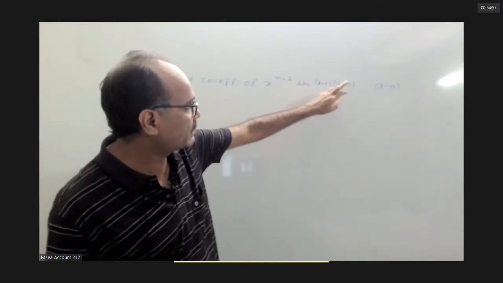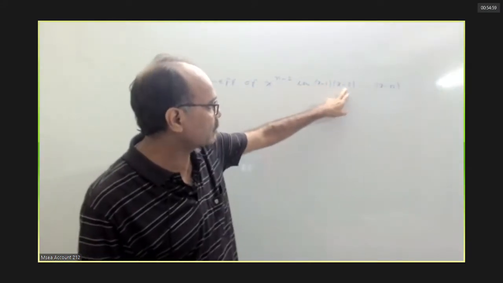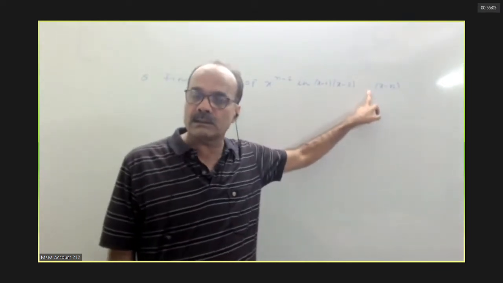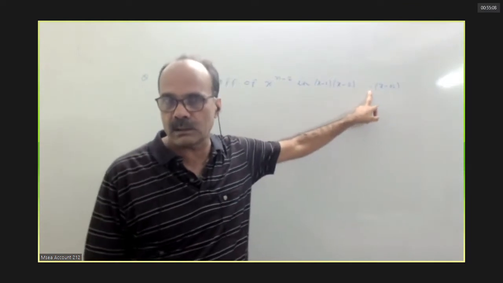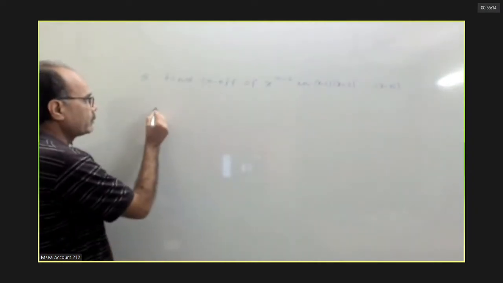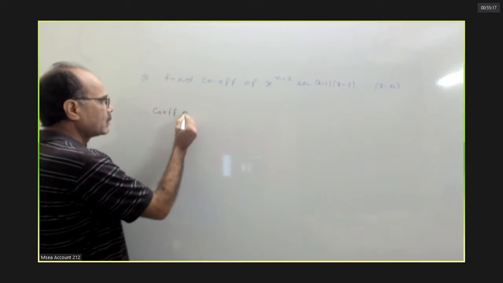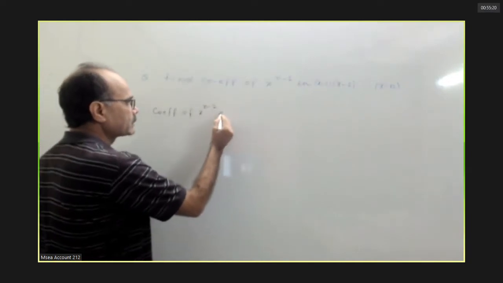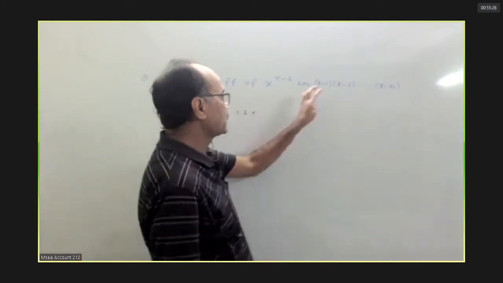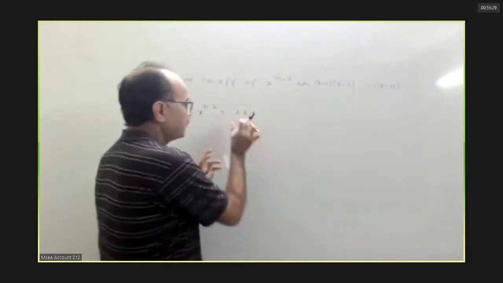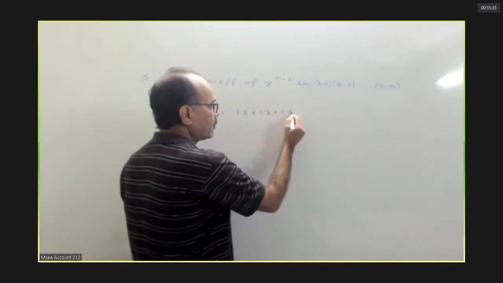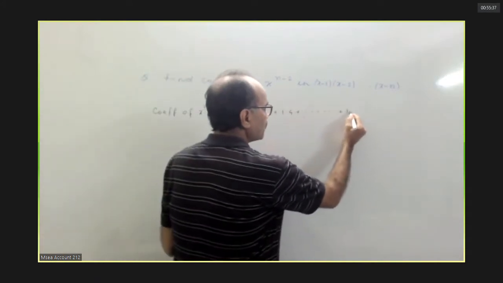Now, in the first two factors, you multiply with the constants -1 and -2. In the other factors, how many factors are there? n minus 2. The remaining factors, you multiply with x. So we'll get x to the power n minus 2. So the coefficient of x to the power n minus 2 equals (-1)(-2), I'm writing 1 into 2, plus take this factor, (-1)(-3), 1 into 3, plus 1 into 4, plus 1 into n.